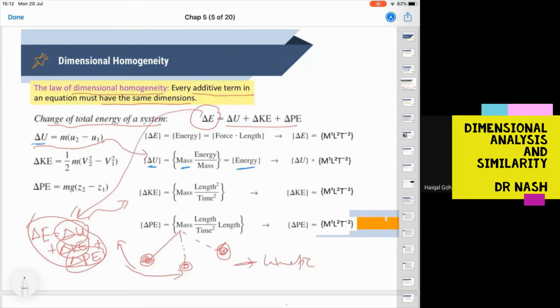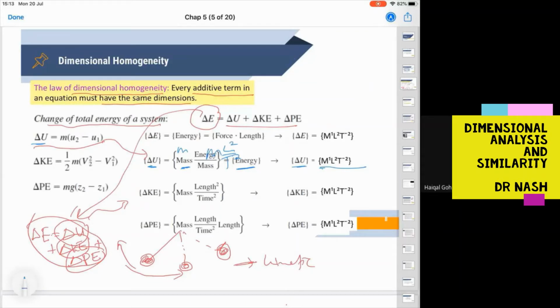And then delta U equal to, because mass dia ada satu M, and then L, sorry, kat mana datang L power of 2 and T power of minus 2? Because energy divided by mass, dia ada time kat dalam dia. So T actually di bawah dia, and then length ada kat atas, and then M kat depan, and then it becomes M power of 1, L power of 2 and T power of minus 2.